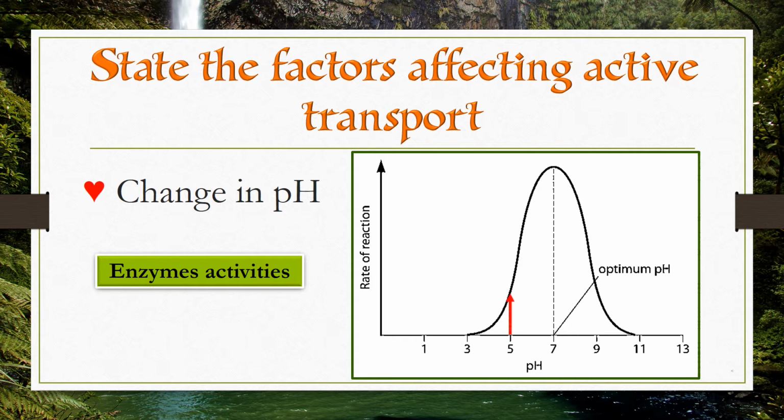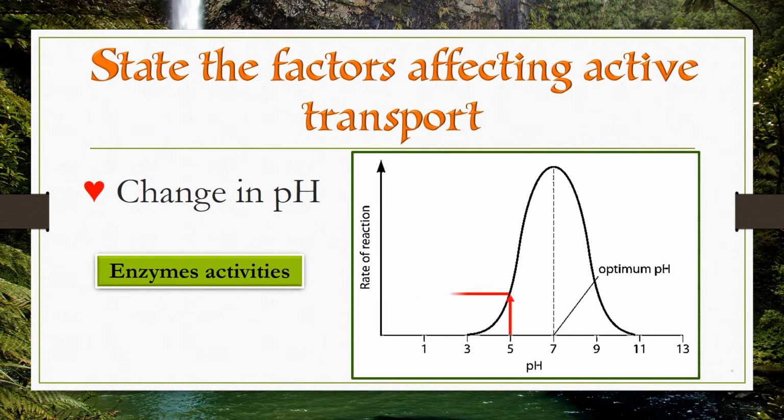When the enzyme is provided a pH of 5 and you extrapolate, you will see that its rate of reaction is low. The rate of reaction is low, meaning that the enzyme does not work well in acidic medium.